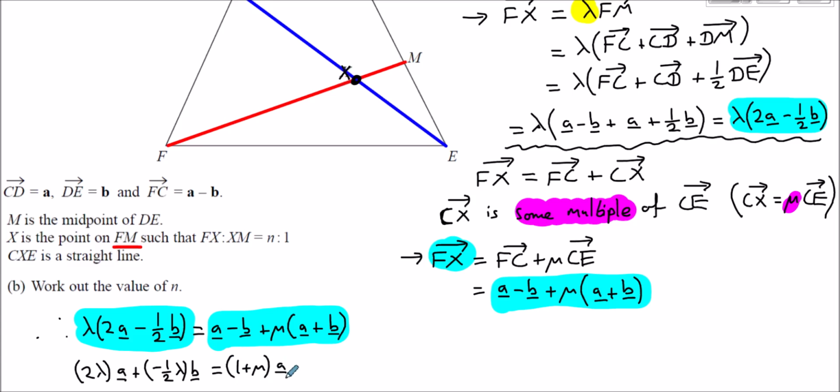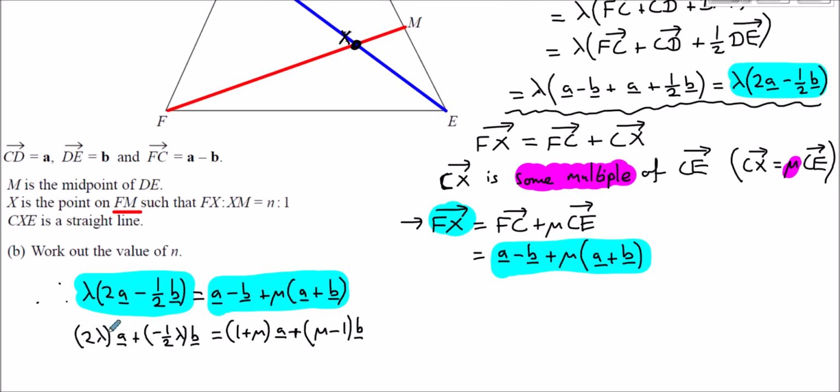lots of A. And for B's, I've got mu B here. So mu lots of B minus 1 lot of B. So because one side is equal to the other, the stuff in terms of the lambda, the A stuff, this 2 lambda must be the same as this A stuff.